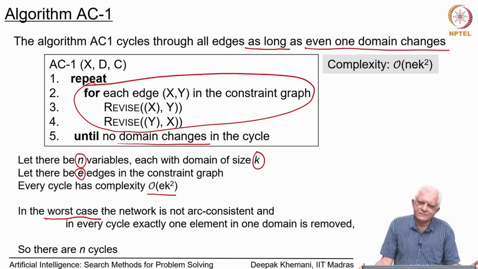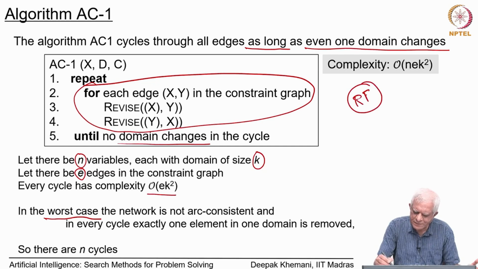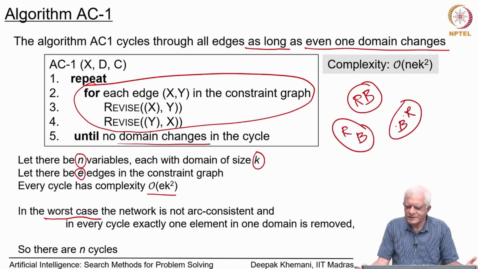And so, here is an interesting example. Supposing we have a map coloring problem, we have three regions connected to each other and two colors, red and blue.